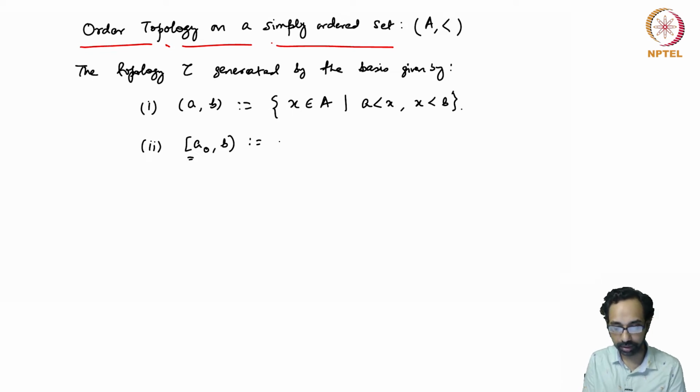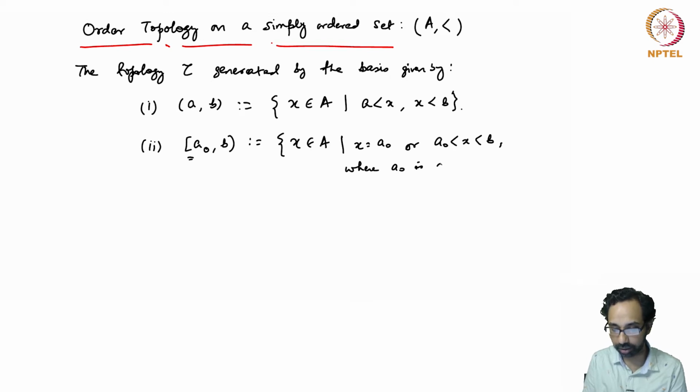So this is the set of all points x in A such that x equals a0 or a0 < x < b, and here a0 is a smallest element of A, if such an a0 exists.